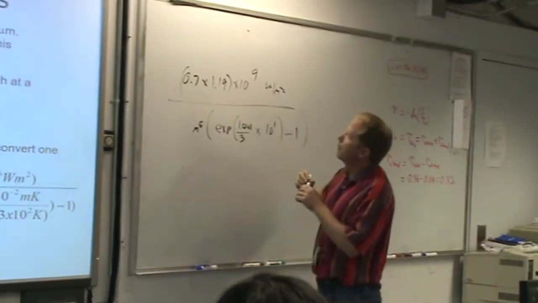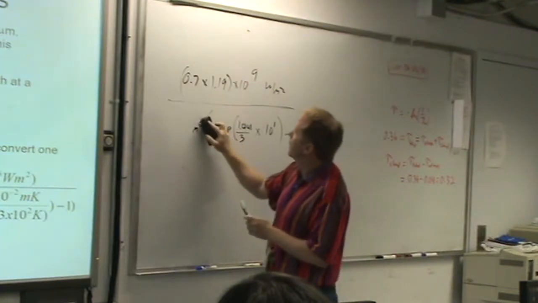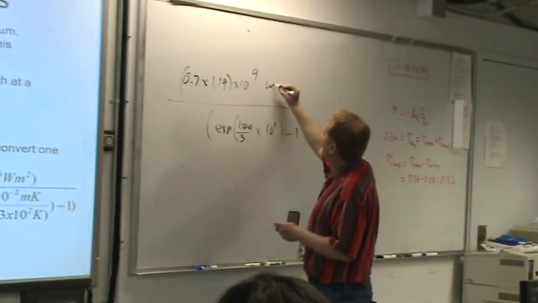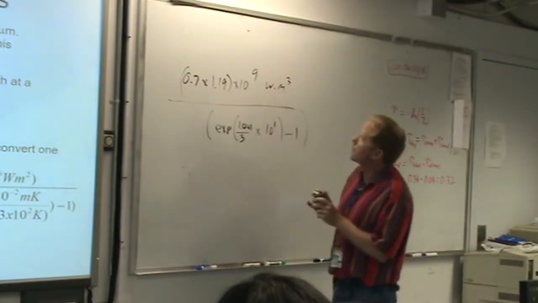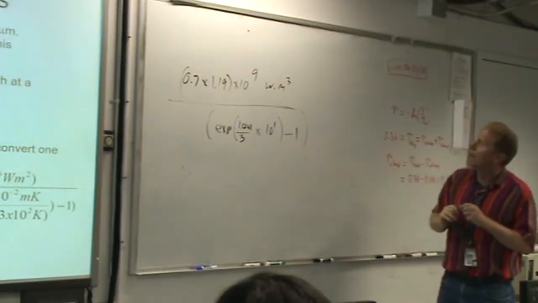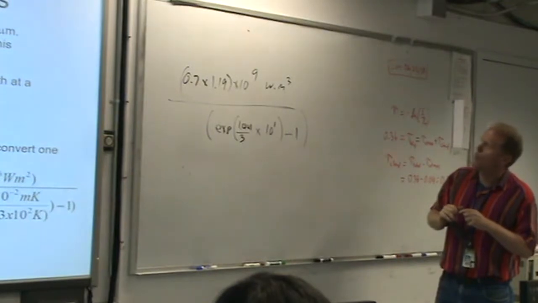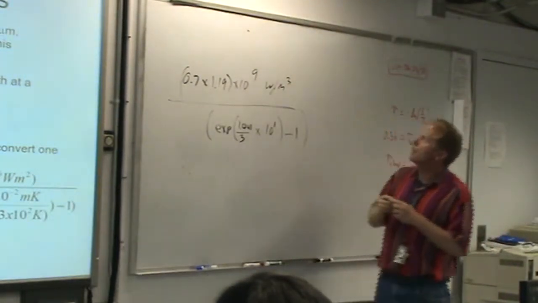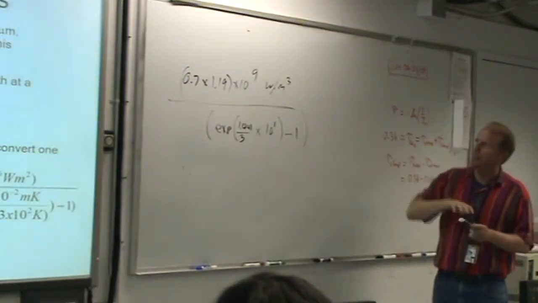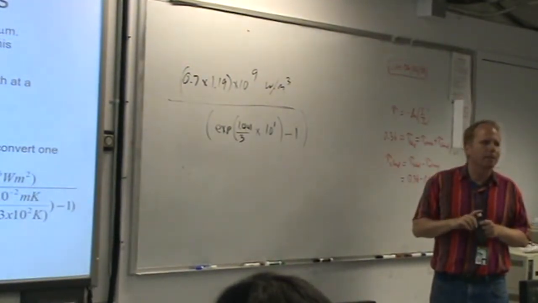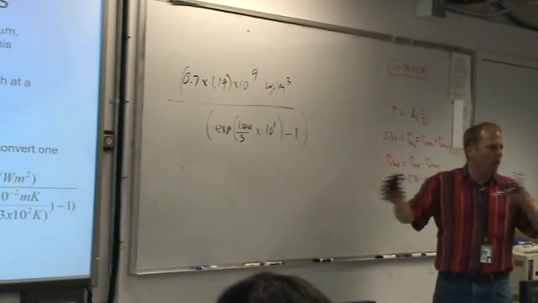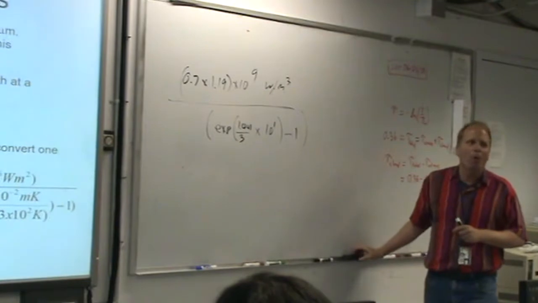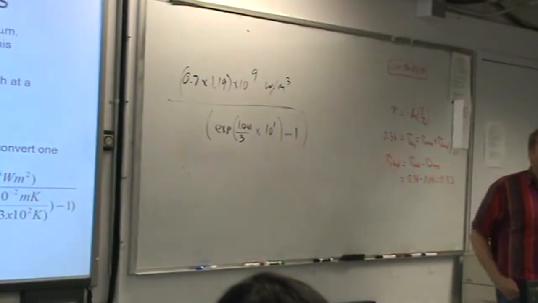So that becomes 1 per meter cubed. And that's something you can now put in your calculator. Much safer than doing all of the powers of 10. Do the powers of 10 yourself. Don't waste your calculator doing powers of 10.